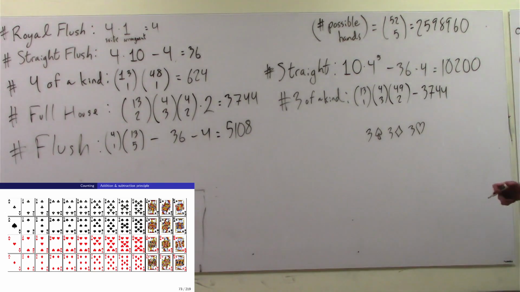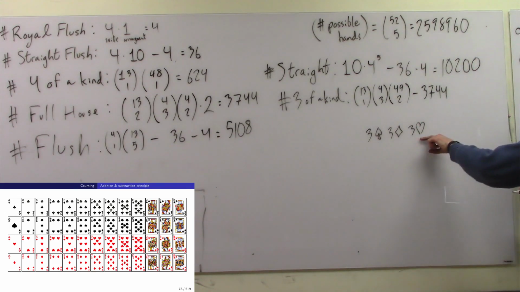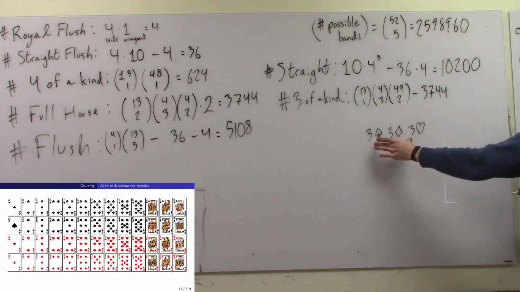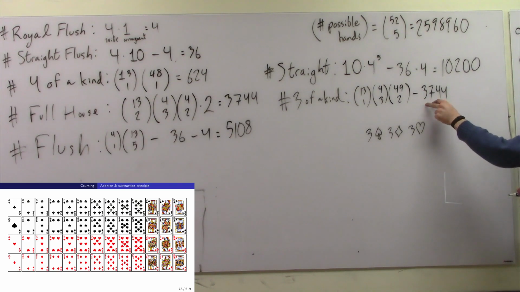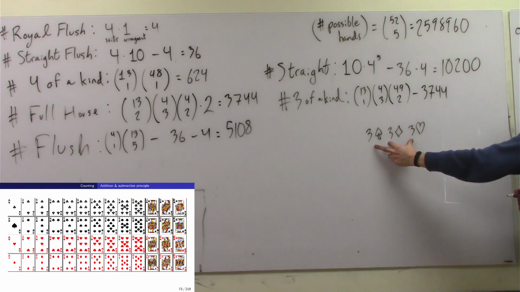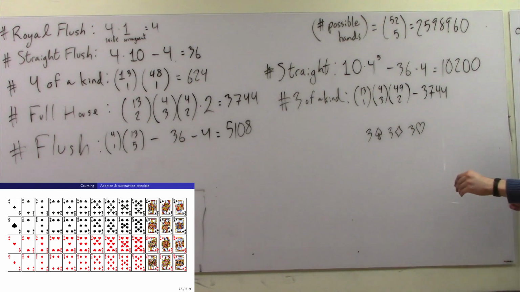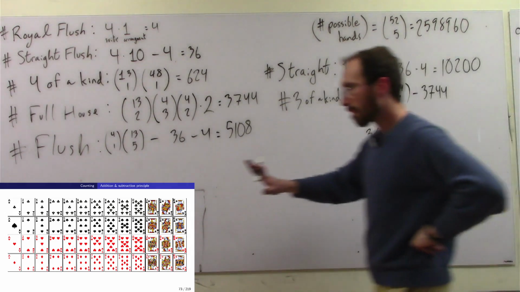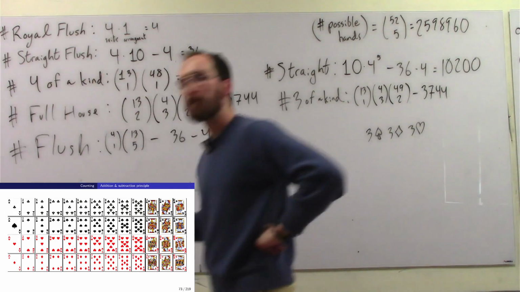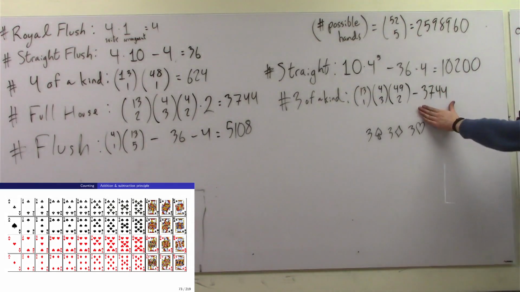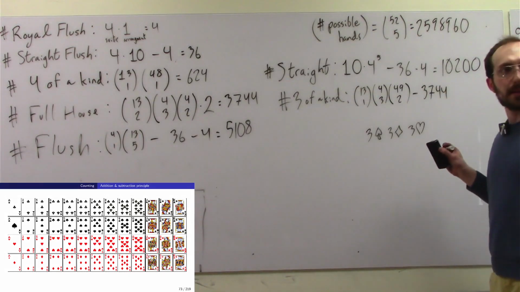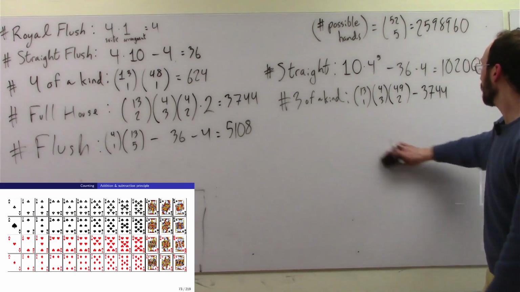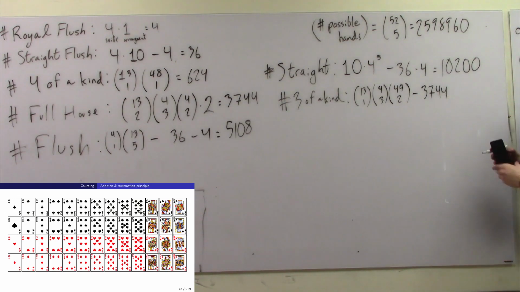So if I got this as my triple, then this is going to get every full house that includes this triple. And that's true for every triple. If you choose the 3 that match, that corresponds to multiple full houses, but the full house count includes many full houses. Exactly. This is going to take care of all of those.